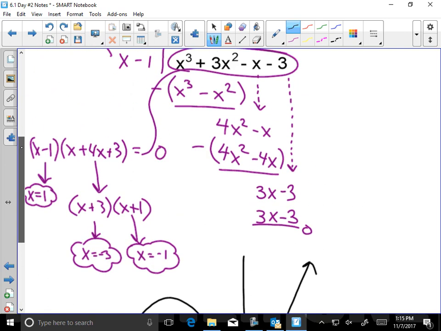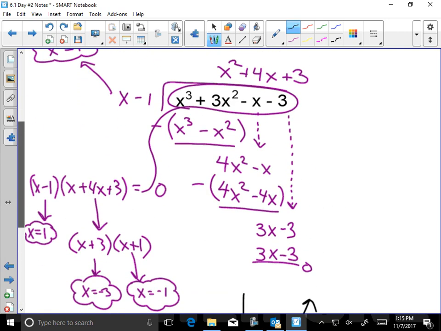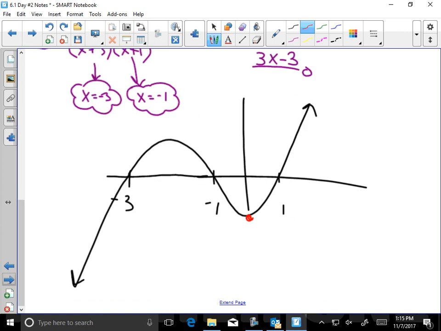What is your y-intercept? Oh, sorry. I'm going to plug in 0. 0 cubed is 0. 3 times 0 squared is 0 minus 0 minus 3. And that is the sketch of that graph. Whoa, you're so good at this. I know.